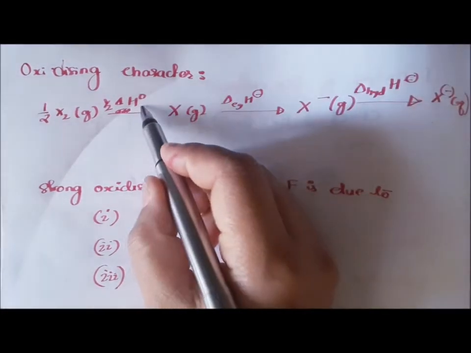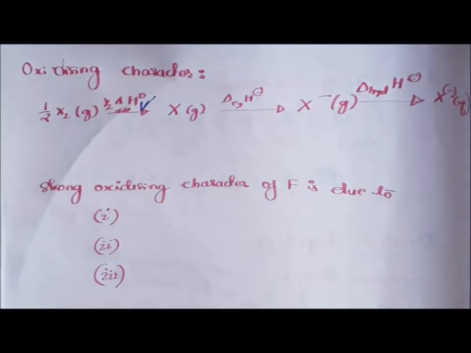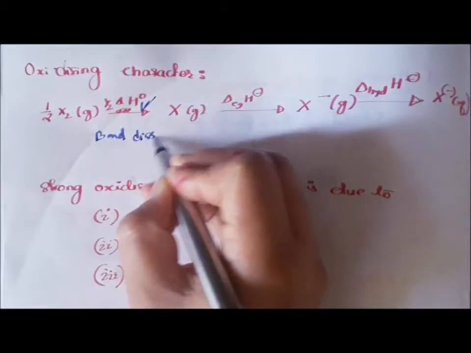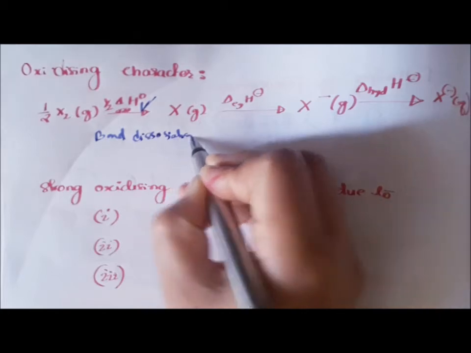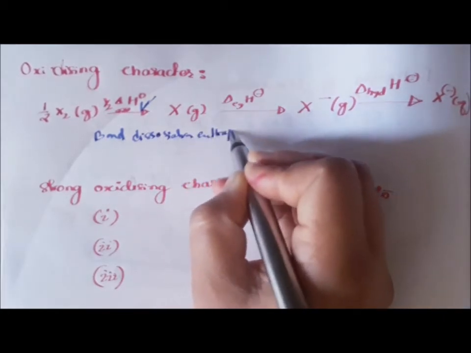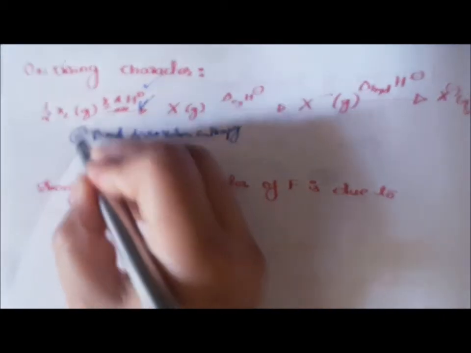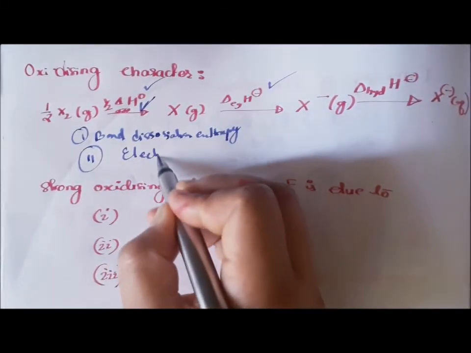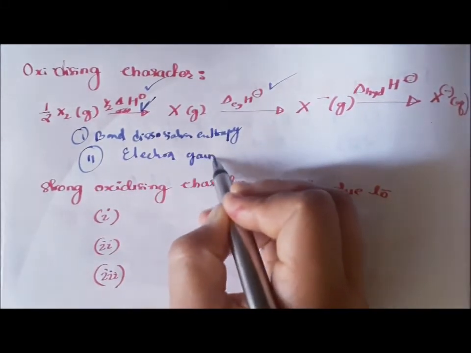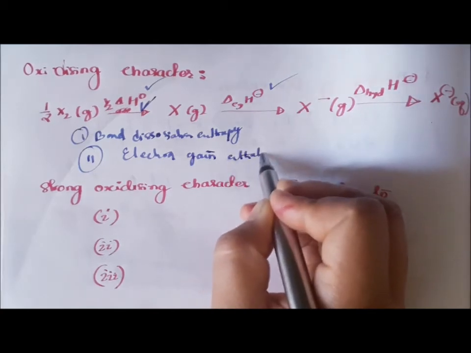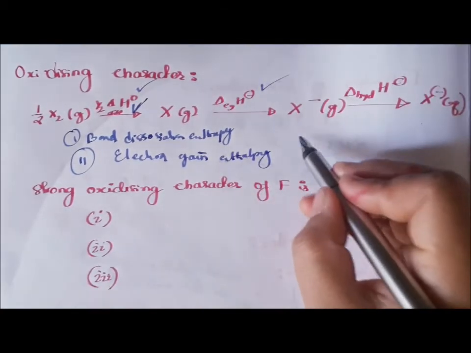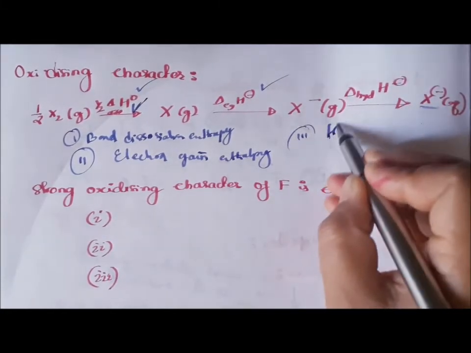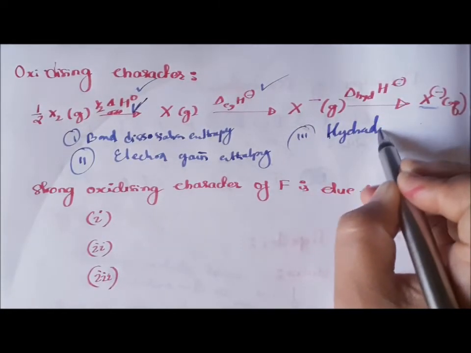One is bond dissociation enthalpy. Another one is electron gain enthalpy, and the third one is hydration enthalpy.